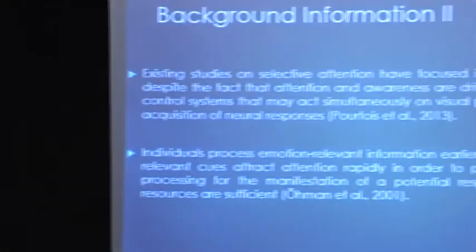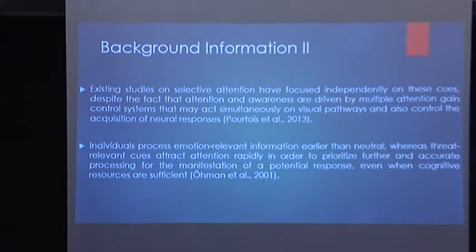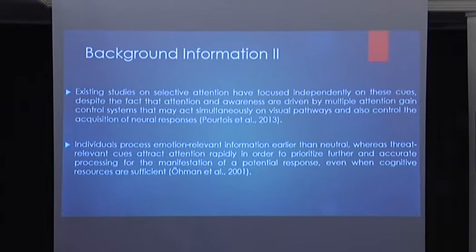Affective processes seem to form perception on sensory pathways, while in terms of vision, possible influences on oculomotor processes may force eyes to emotionally endogenous and exogenous cues. Existing studies on selective attention have focused independently on these cues, despite the fact that attention and awareness are driven by multiple attention gain control systems that may act simultaneously on visual pathways and also control the acquisition of neural responses.